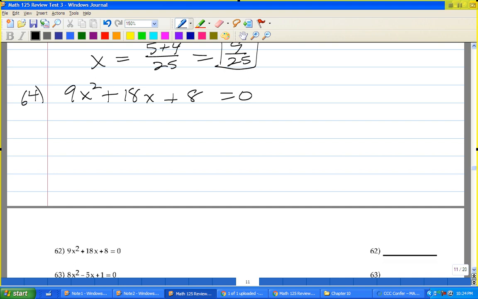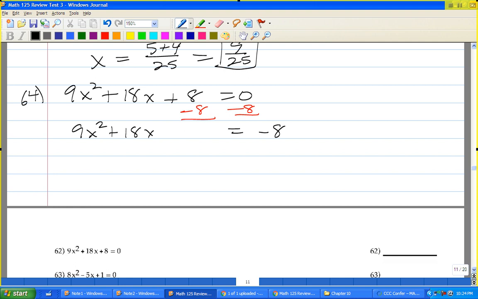Okay, so I want to complete the square. So first thing to do is to subtract 8 from both sides of my equation. So my equation becomes 9x squared plus 18x equals negative 8.